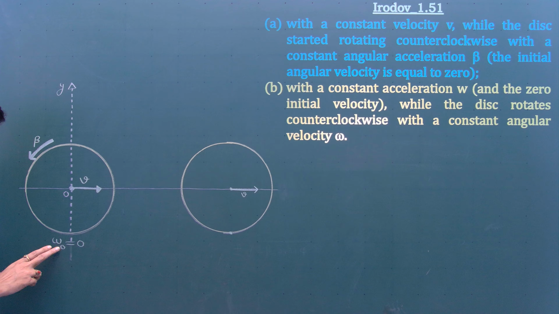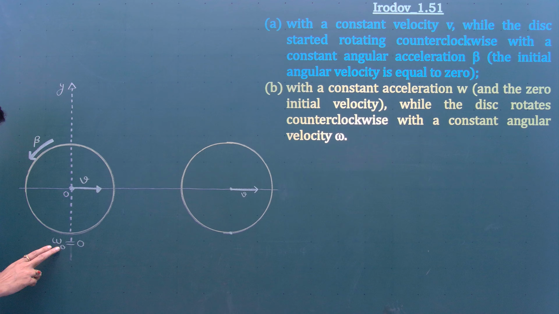What is the given situation? There is a disk. This is the initial situation where the center of the disk is located at point O, which is the origin of the coordinate system. Now this disk moves with a constant velocity v.